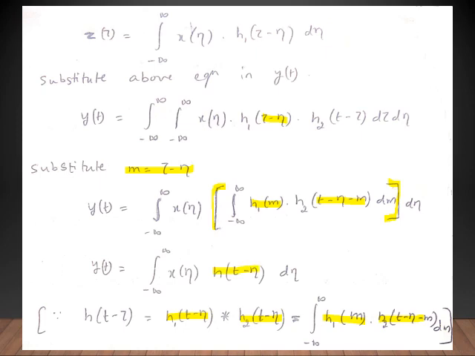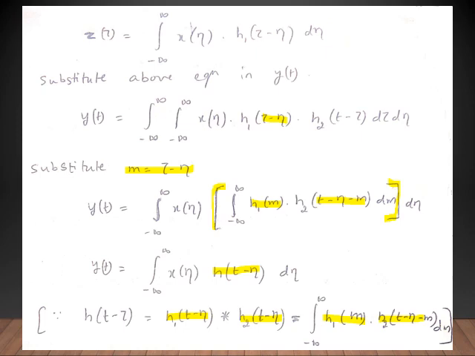Now the equation simplifies as integration from minus infinity to infinity of x of eta into h of t minus eta d eta. We know h is nothing but the convolution between h1 and h2 in terms of t minus eta, but now this looks like x of eta and h of t minus eta. If I look, it is again a convolution integral between x and h.